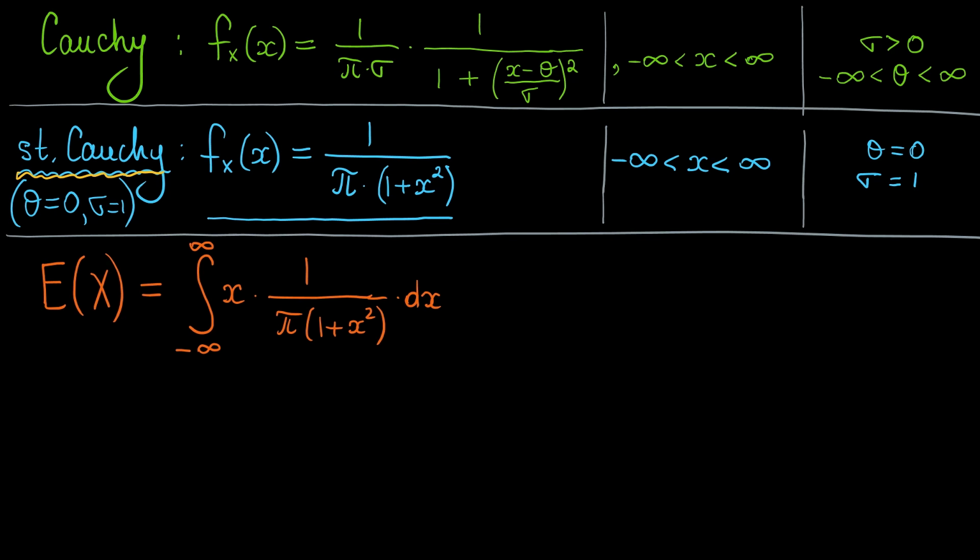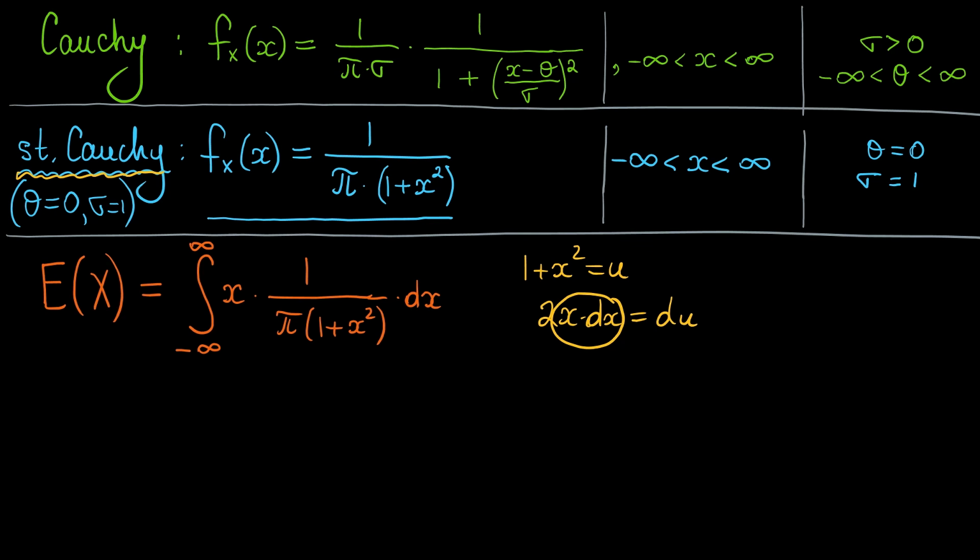It may be tempting at this point to make a substitution such as 1 plus x squared equals u. And there's a lot of good reason to think this way, because if we took the derivative of both sides, we'd get 2x dx equals du, and notice that this x dx, that's what we have in the numerator, so that looks very promising.